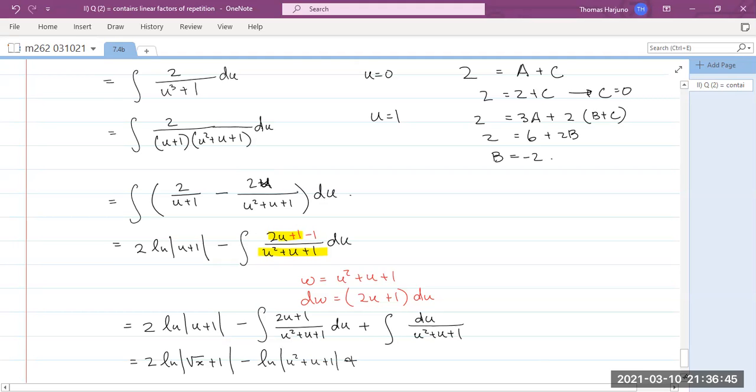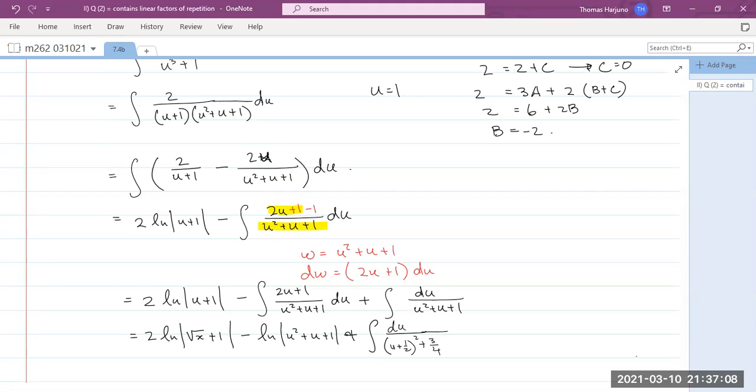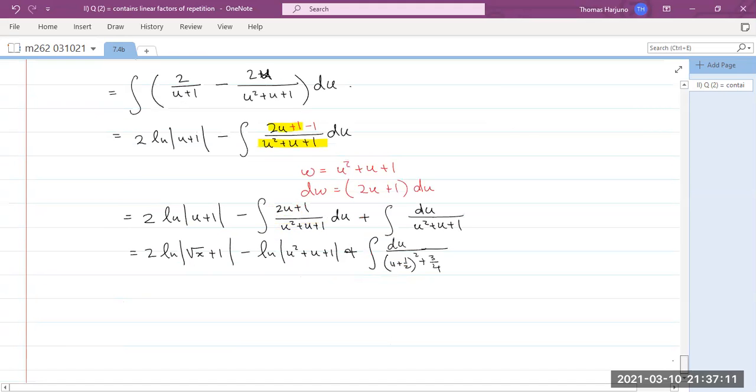plus, now the last term here, I need to massage even further. This is du over u plus 1/2 squared plus 3/4. Is it right? So this is 2 natural log of square root of x plus 1 minus natural log of x plus square root of x plus 1 plus, this one is nasty.